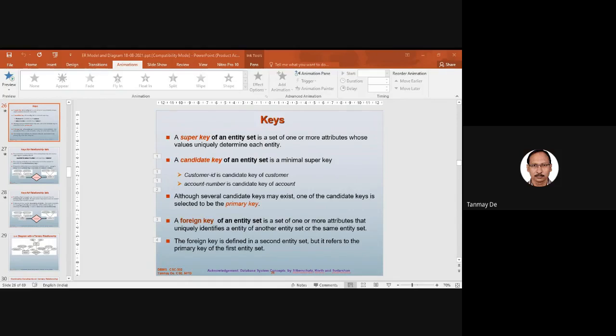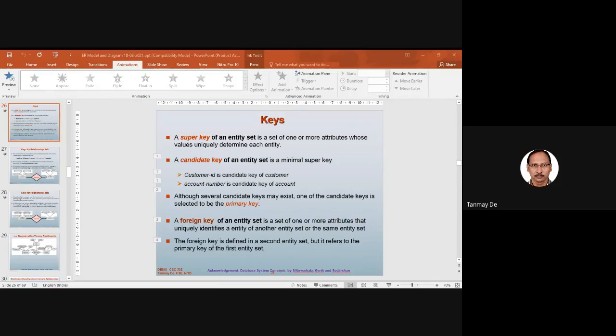For example, suppose in this customer entity set you assume there is no duplicate name, that is, no customer has the same name as another customer. Then customer name also serves as a candidate key, as well as customer ID, as one of the candidate keys of the customer entity set.